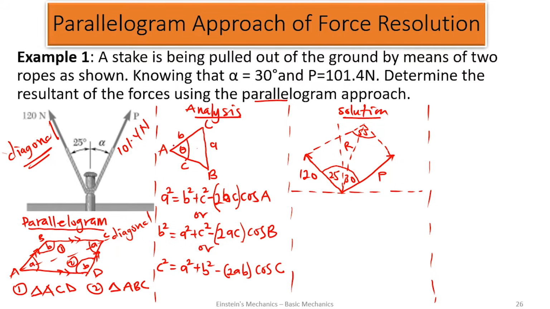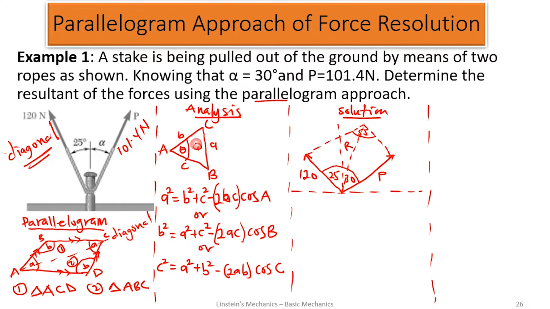Remember, if you have two sides of a triangle given and the corresponding angle between the sides, you can use the cosine rule to find the other side. That's what we are going to use in the parallelogram approach.